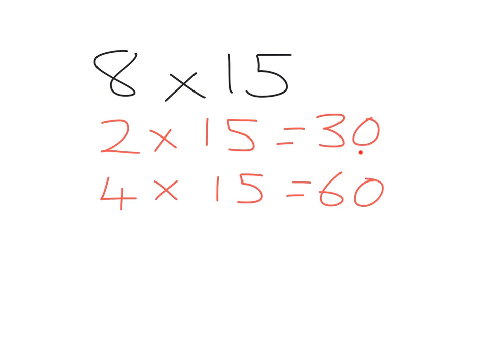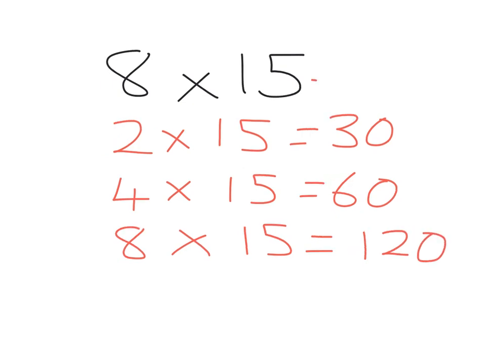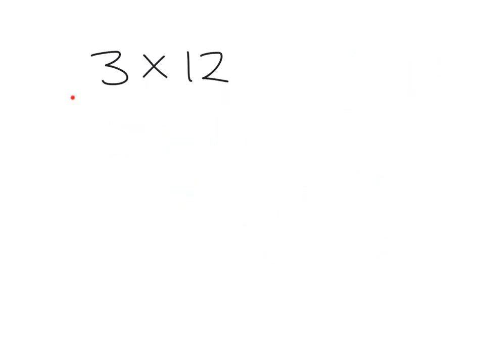So I'm doubling the 30 to make 60. And then if I double it again, that will tell me what 8 times 15 equals. So 8 times 15 must equal 120.